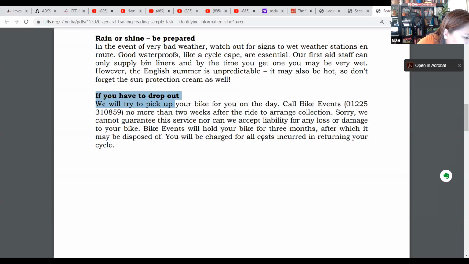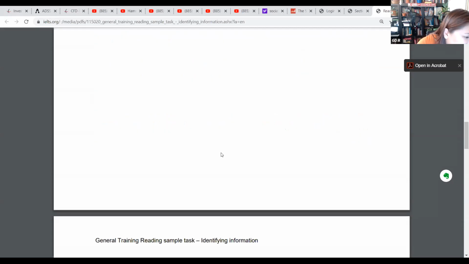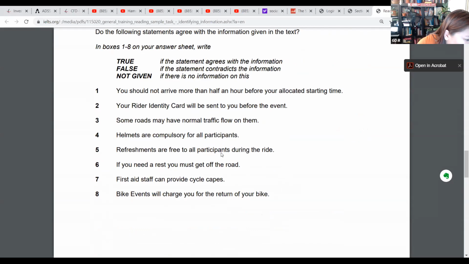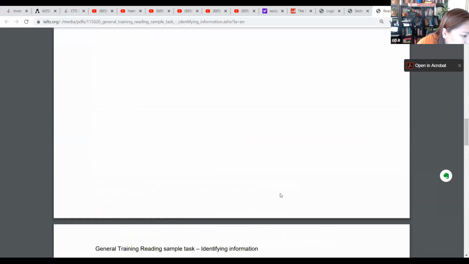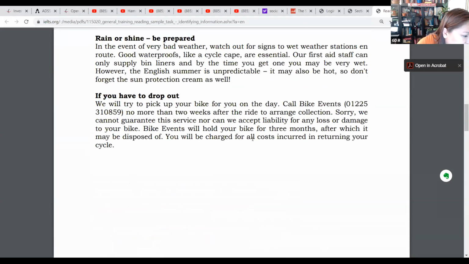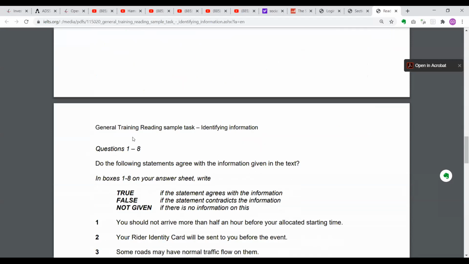You will be charged for all costs incurred in returning your cycle. So they say they will charge you. So what's the answer, class? Is it true or false? True. Let's see if you're correct.